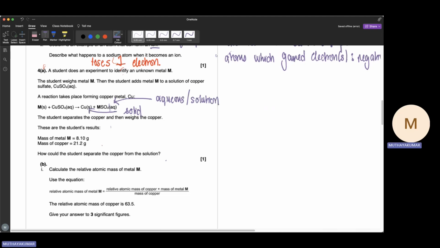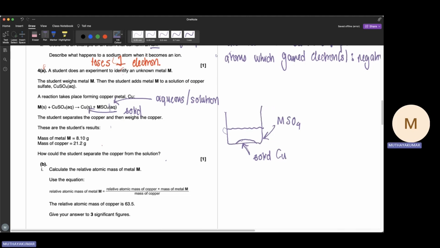So if we draw a picture to try and visualize our final product, we're going to have this solution of MSO4, and we will have some solid copper. Let's just draw it at the bottom there. So that's solid copper that's formed.